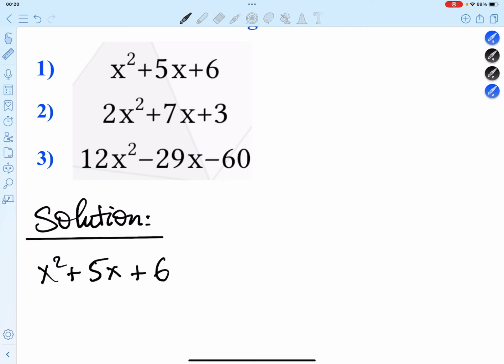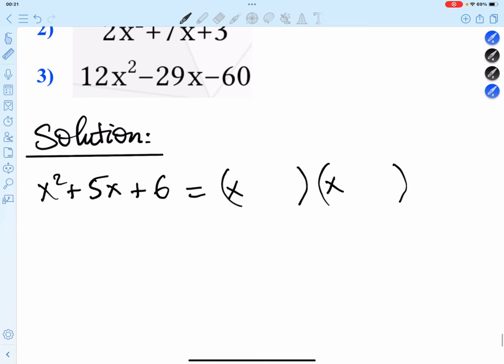For us to factorize this, we're going to open two brackets. We're going to put x here, and now we need to find two numbers such that the product of the two numbers p is equal to 6 and the sum is equal to 5.